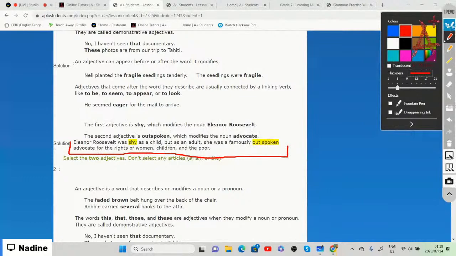So shy and outspoken are the two adjectives within that sentence that modify the nouns. The two nouns are Eleanor, which is the person that we are talking about, and advocate, which tells us about her profession. She's an outspoken advocate.